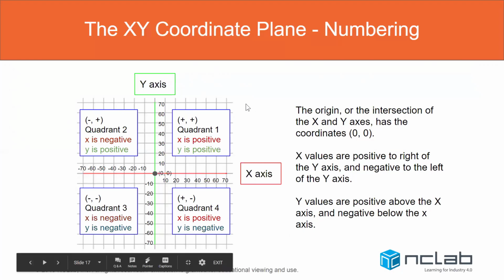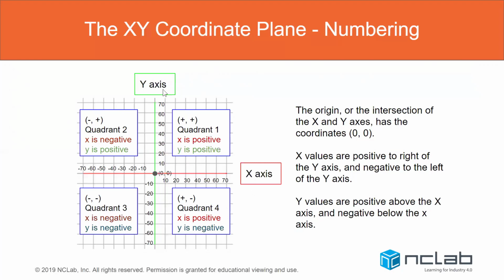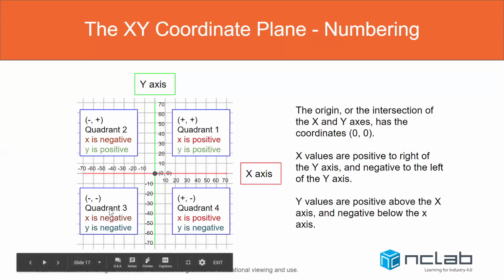And you'll sometimes see these referred to as quadrants. So in this quadrant, formed by the x and y axis, both values are positive. In this quadrant, you can see we have negative x and positive y. In this quadrant, we have negative x, negative y, that's quadrant 3.